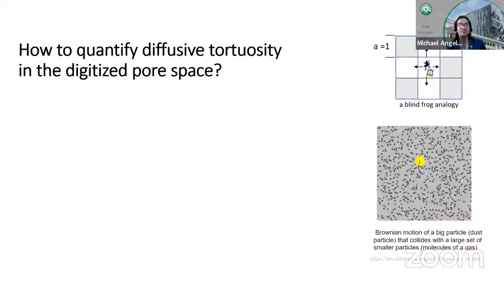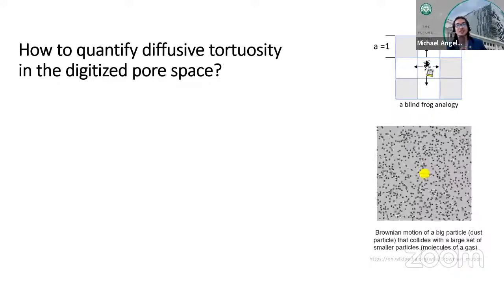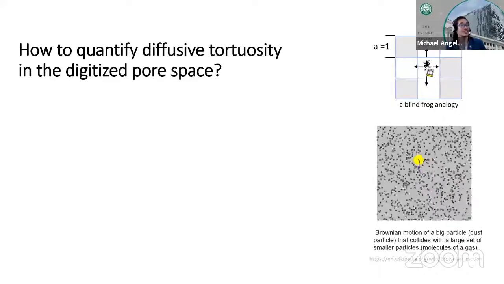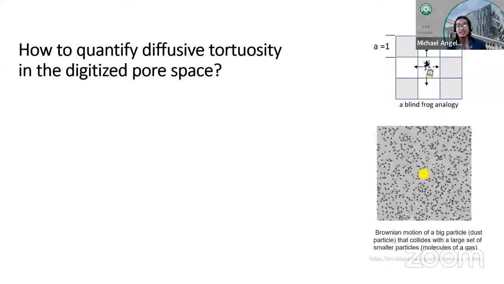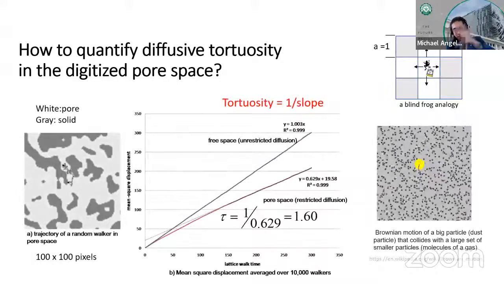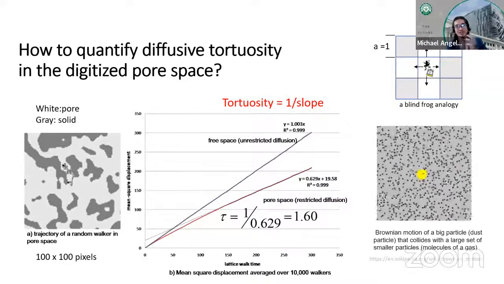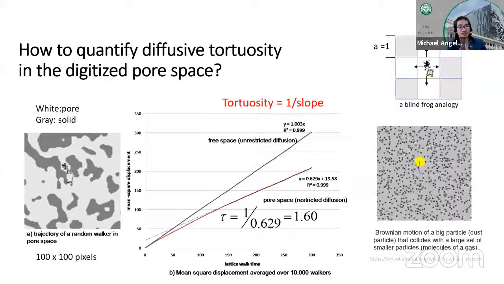If you imagine the simulation of Brownian motion of a dust particle in 2D space for illustration, we can simulate this as well in a digitized pore space. And the restricted motion is due to the solid boundary. So this is just how we extract the data from the simulation, wherein we can measure the diffusion tortuosity.